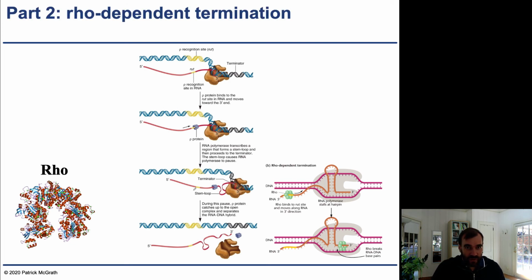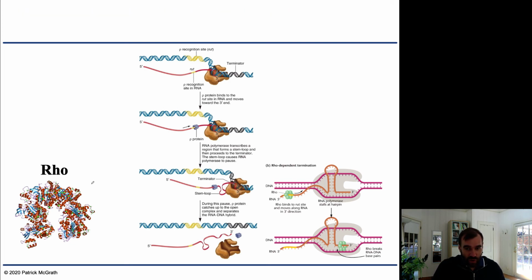So one of them is rho. Rho is a protein that almost looks like a circle. Within this circle, the RNA is able to bind and then move along the newly synthesized RNA molecule. It initially binds to a recognition site in the mRNA.